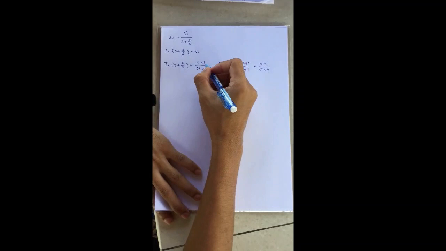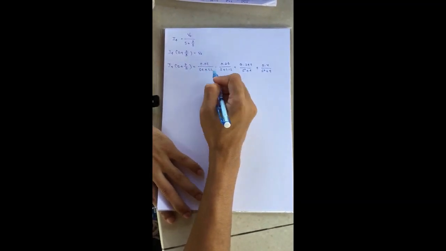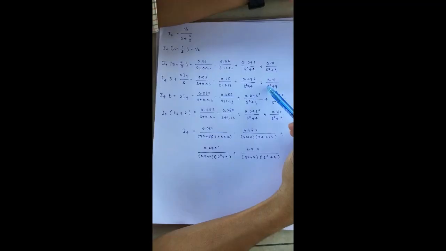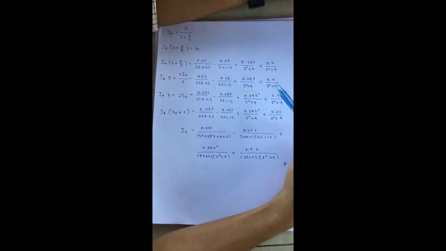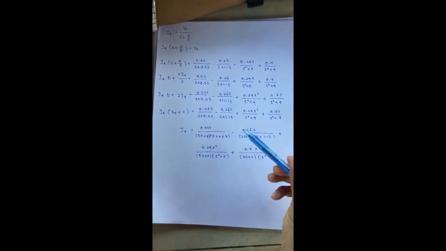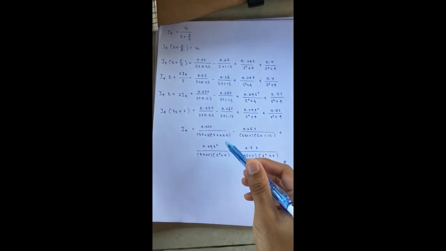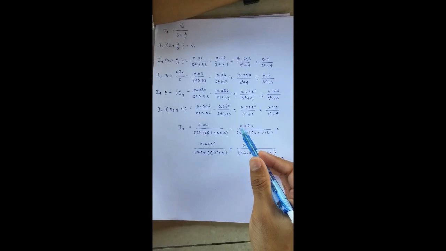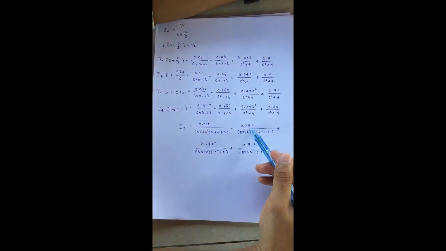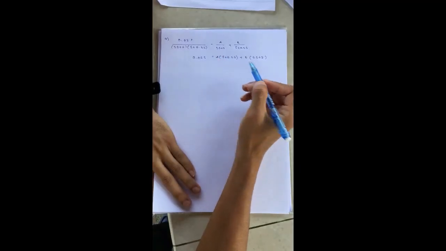Then we insert the value of V2, which is these four values. This is the calculation of I4. After that, we get the answer of I4. The answer is divided into four parts, which are part A, B, C, and D.